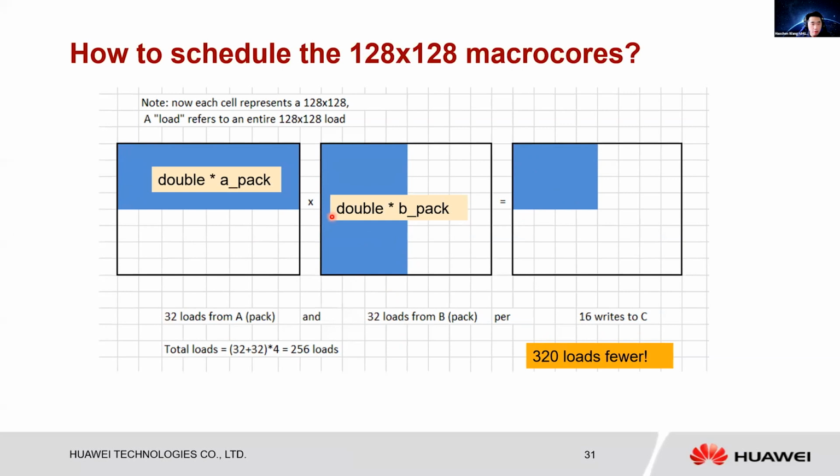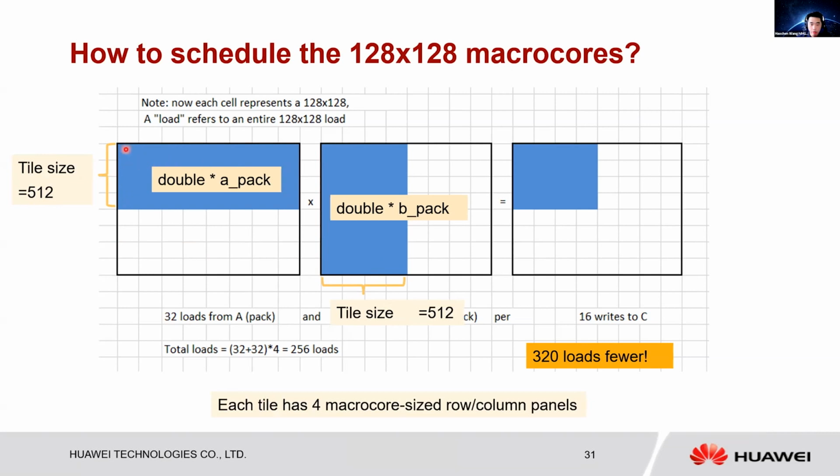And just a little naming convention. The tile size is actually the height of the A row pack and the width of the B column pack. In this example, the tile size is, of course, 512, because there are 4 macrocore lanes that are size 128.